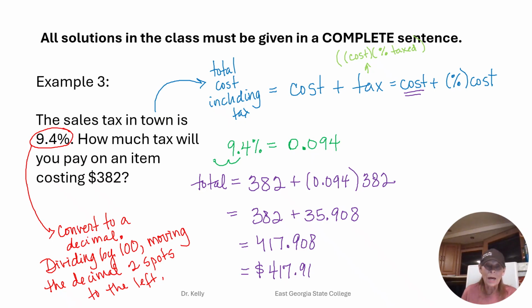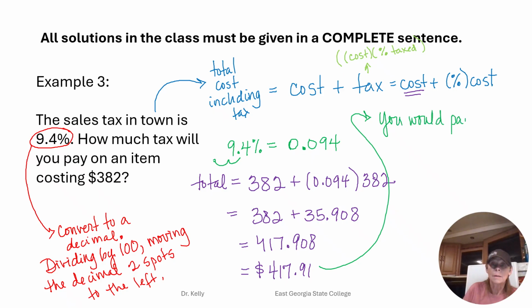And then the final thing is you need to answer it in a sentence. So you would pay $35.91 of tax.